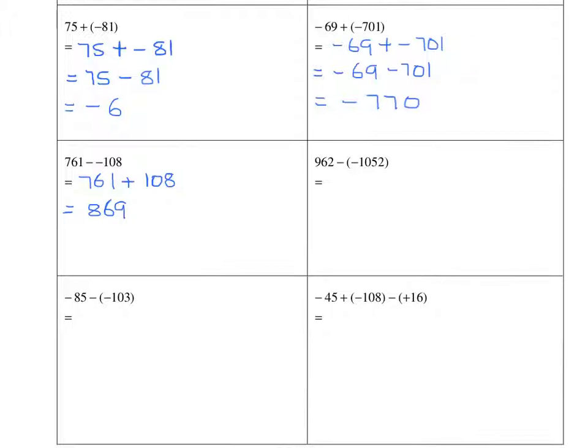The bracket doesn't really mean very much, so we can get rid of it very quickly. Doesn't mean very much because there's really only one number inside it and I don't need to do anything to it. Same as before, we've got a double negative sign, so that simplifies to a positive sign. And then we just add the two numbers normally.